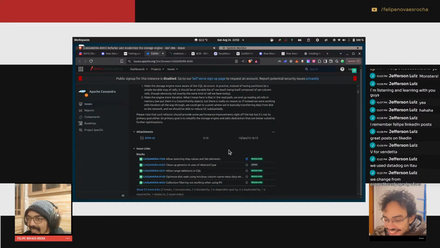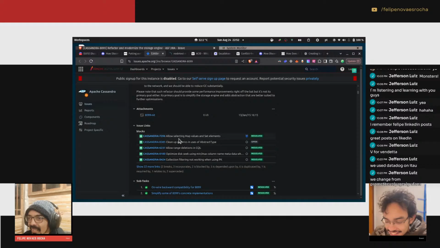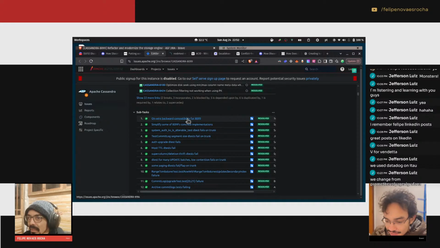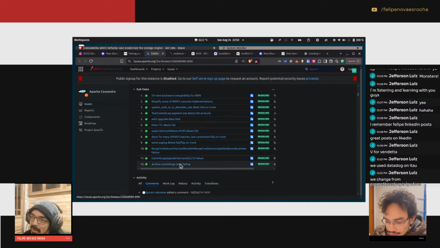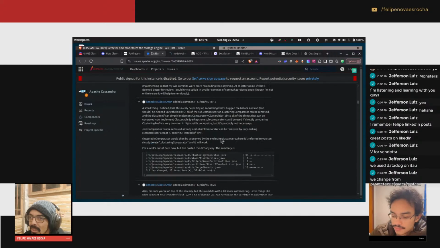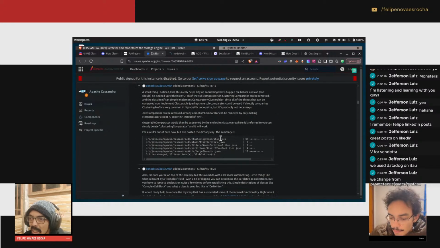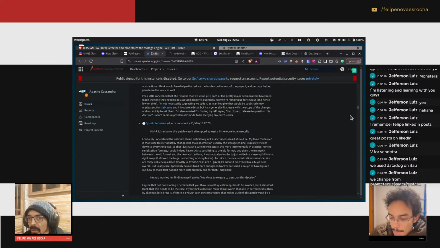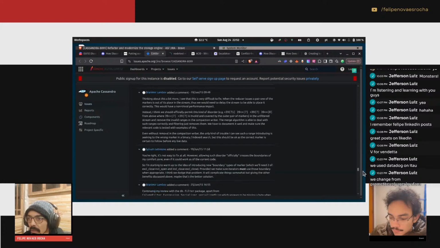Okay. Yeah, they had a lot of blocks, a lot of subtasks. Yeah, that's big stuff, right? So it's not something easy to do. Changing the engine, imagine how many bugs you can introduce doing something like that. Huge.